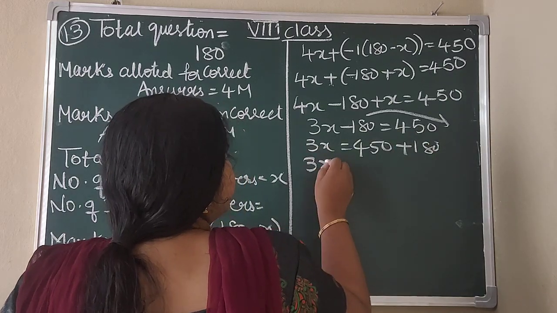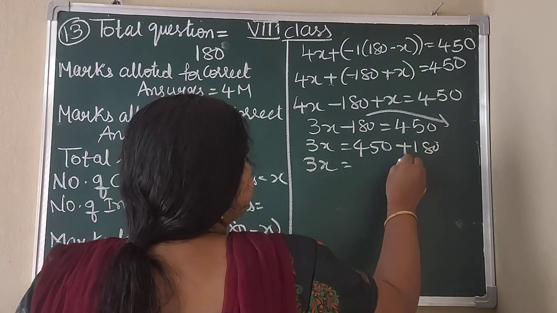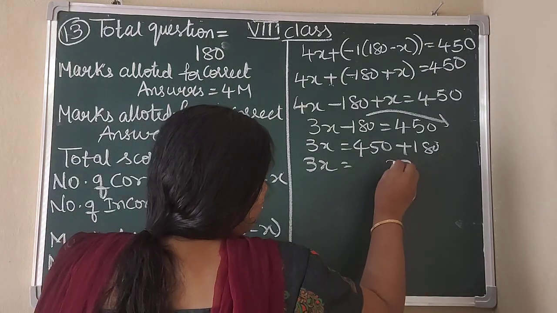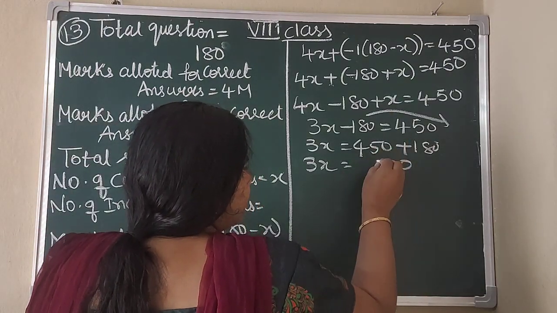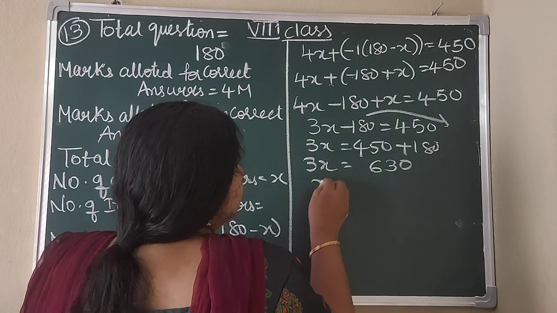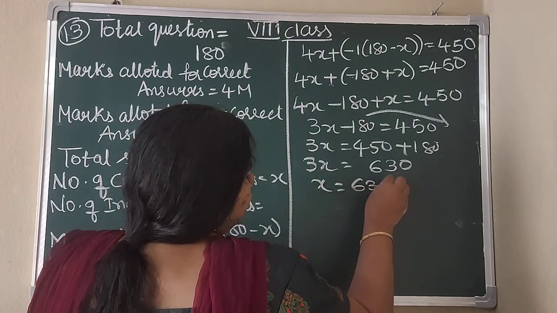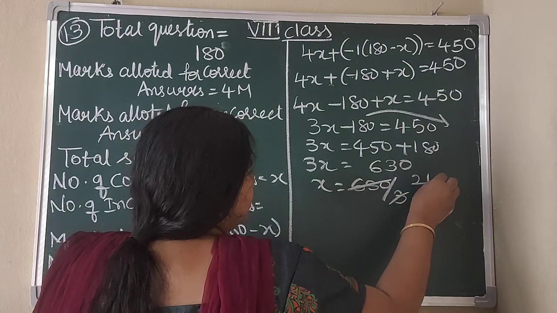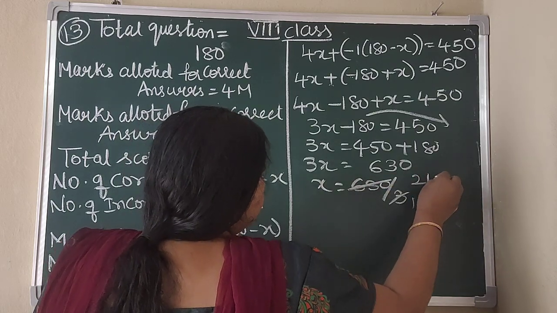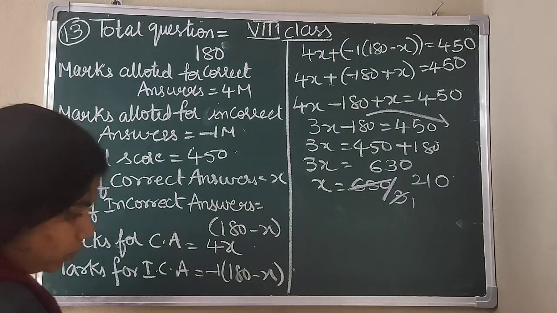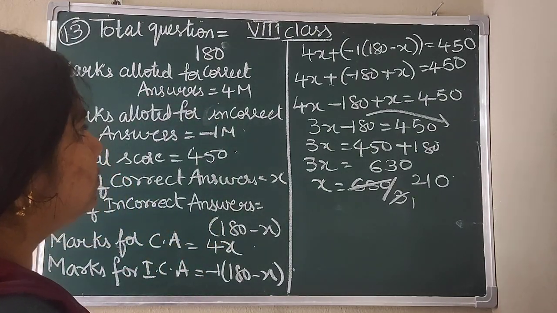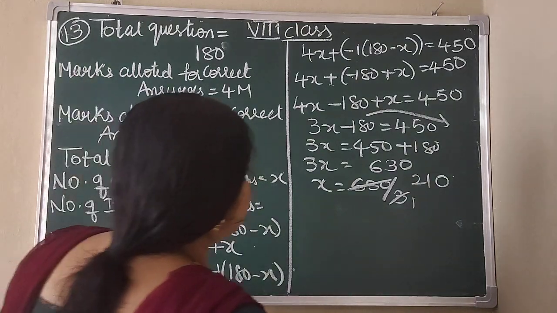So what is 3x? 0 plus 0 will be 0, 8 plus 5 will be 13, 4 plus 1 is 5, 5 plus 1 is 6. So you got 630. So x will be equal to 630 by 3. 3 1s are 3, 3 2s are 6, 3 1s are 3. And that will be equal to 210. Here also I wrote wrong.